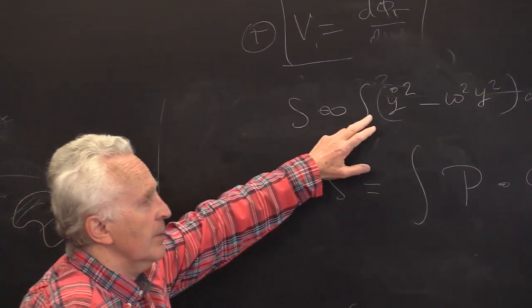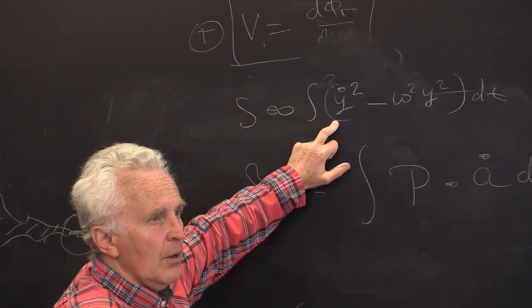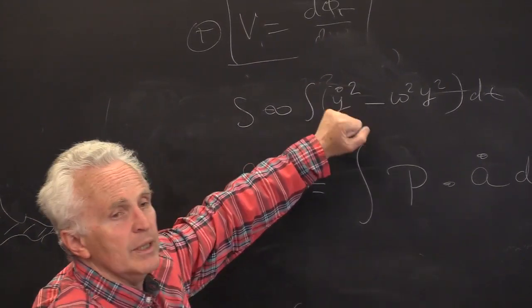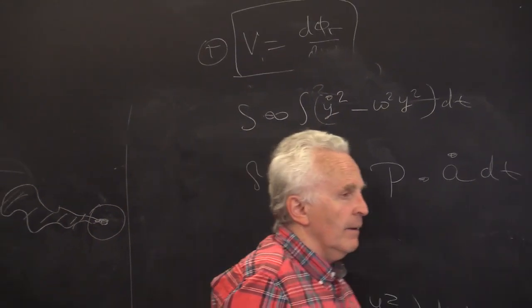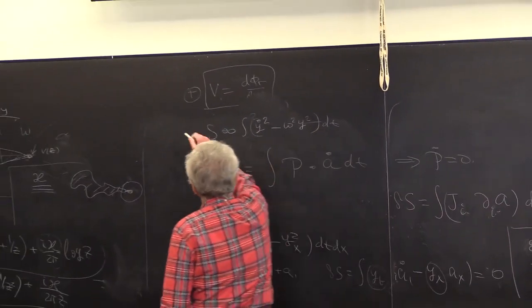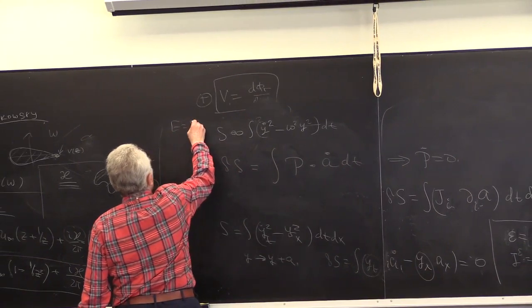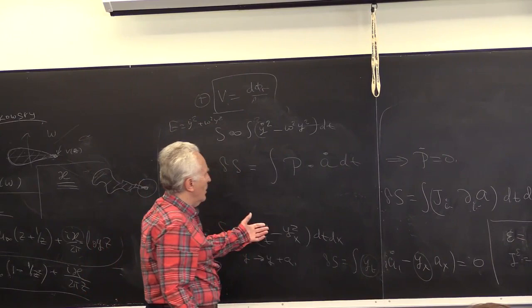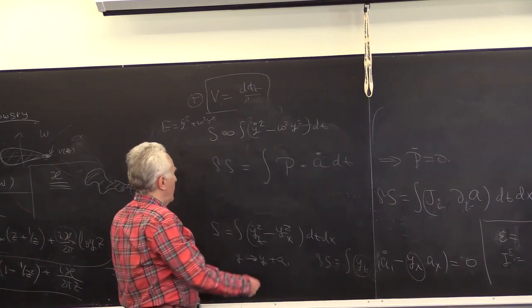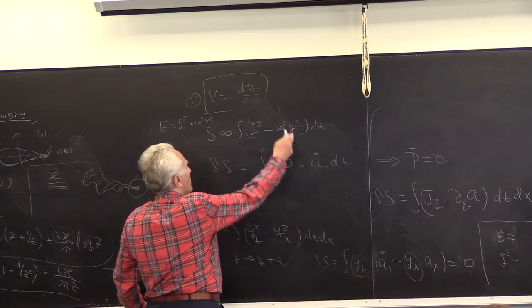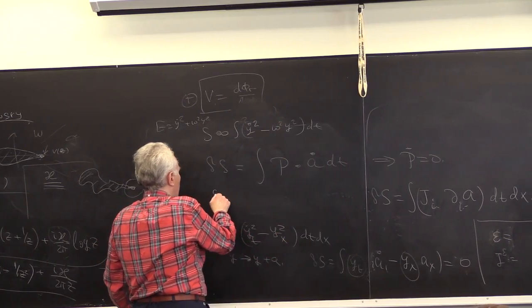And I'm asking a trivial question. Now you go through all these transformations. What is the plus sign, right? So we have energy here, which is y dot square plus omega square y square. And now make a natural guess. This term is analogous to this one, and so on.